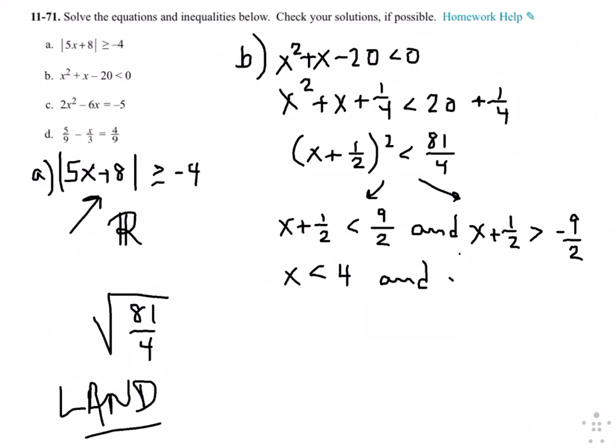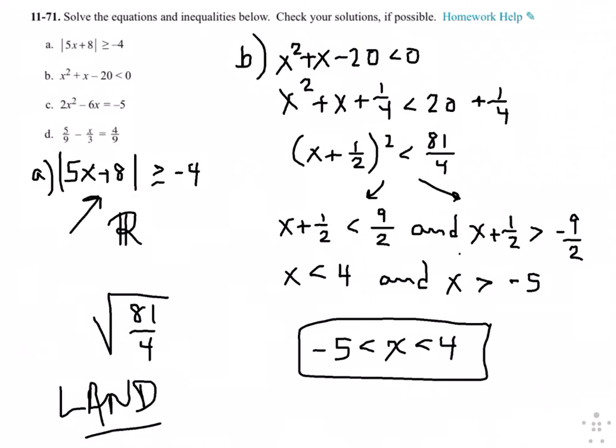And subtract 1/2 here, x is greater than -10/2, which is -5. I'm okay with you writing it in that form. If you want to write it in concatenated form, it would be -5 is less than x, which is less than 4.